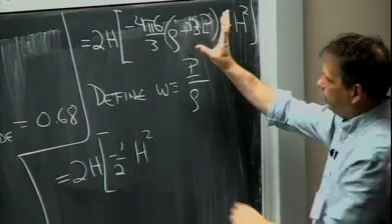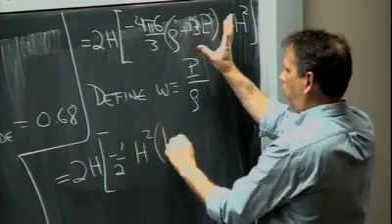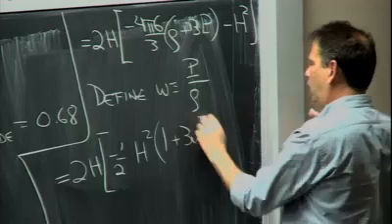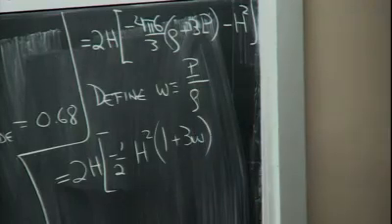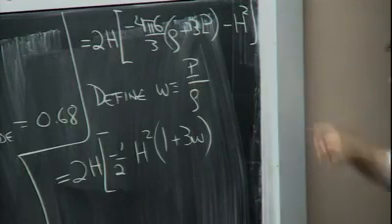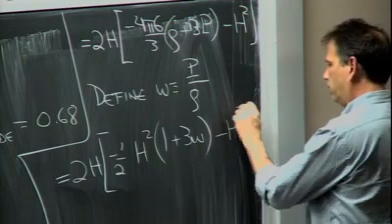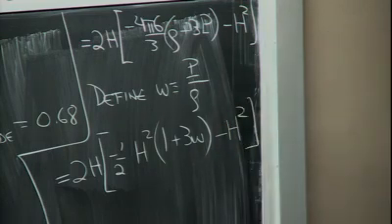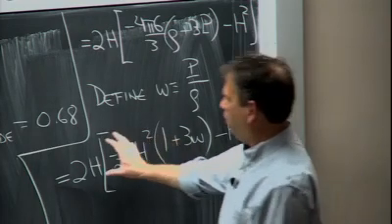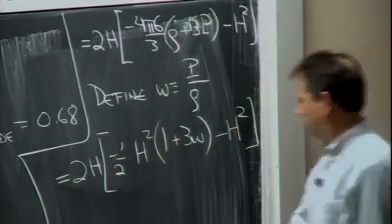And this thing over here that's multiplying it is 1 plus 3 times the equation of state W. And we're subtracting off from this another H squared. So that's what this right-hand side looks like.